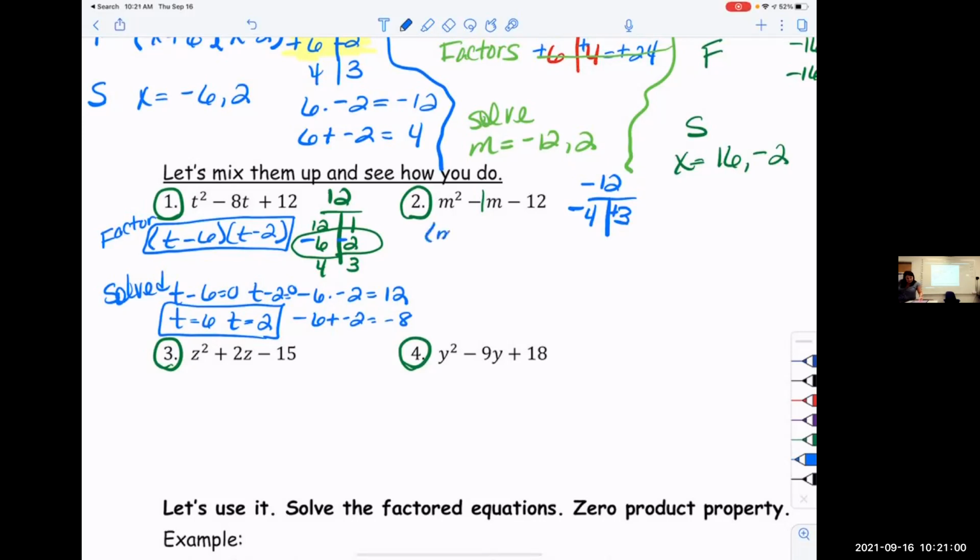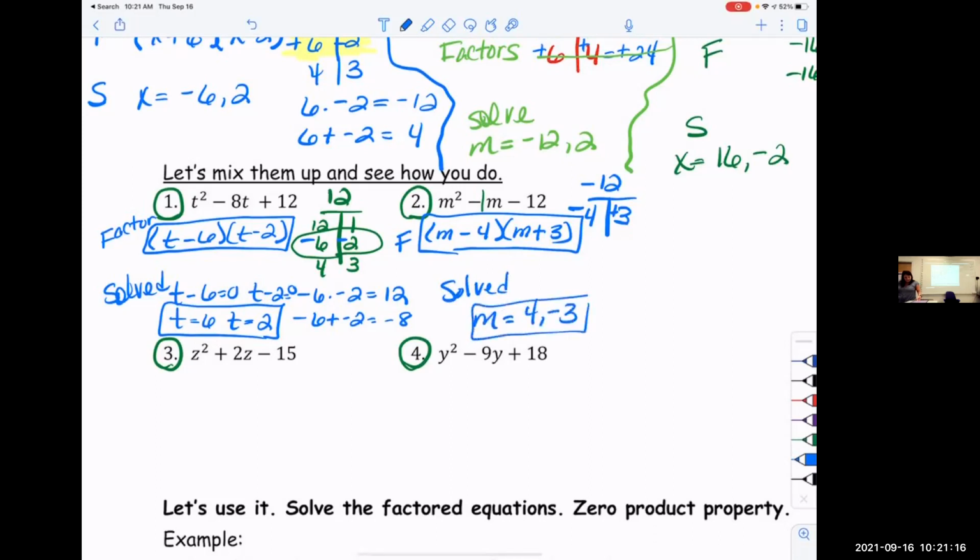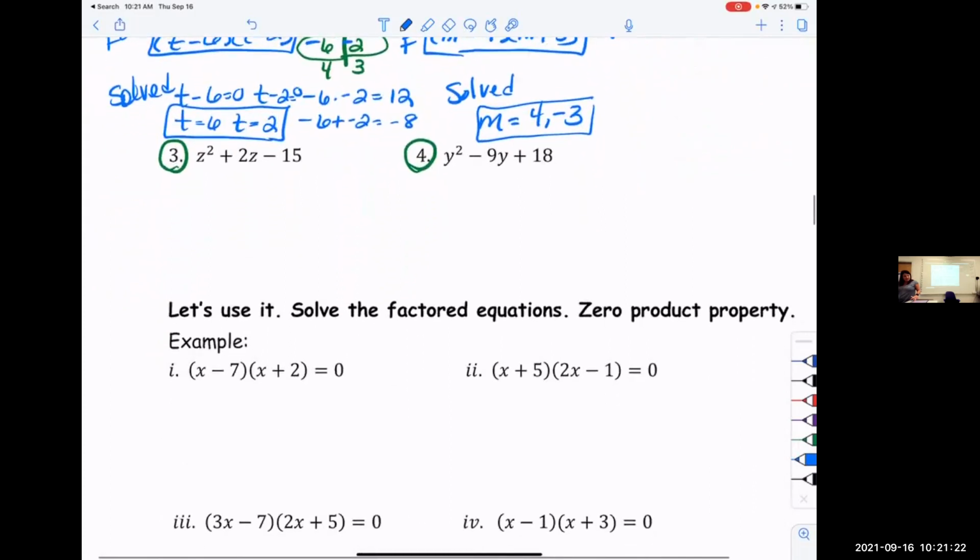So that's m minus 4, m plus 3. There's my factored answer. What if they want it solved? What does m equal? Okay. All right, next one.